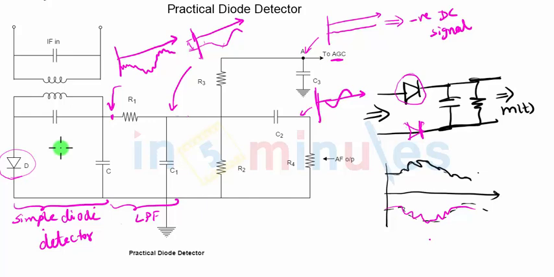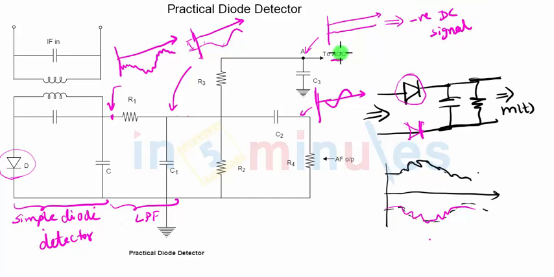So now we answer the question we had formed in the beginning: why was the diode placed in the lower branch, and why were we planning to extract the negative envelope? The reason is we wanted the negative DC signal. To get the negative DC signal, we extracted the negative envelope. And why do we need a negative DC signal? It's because we use it in the circuit of automatic gain control.